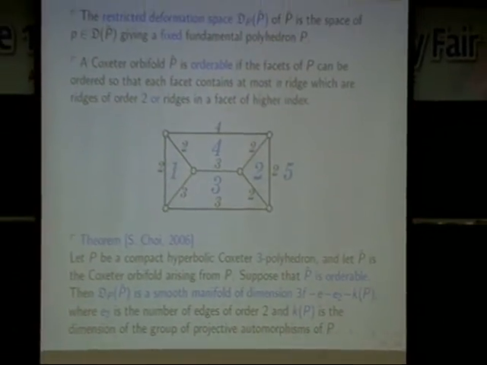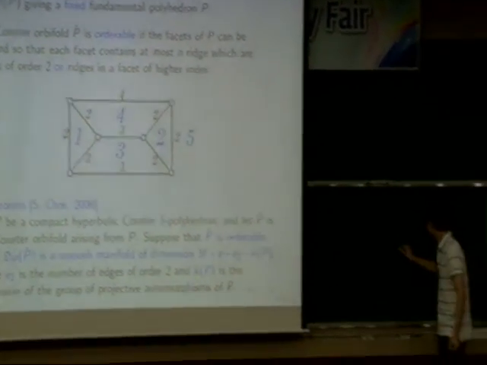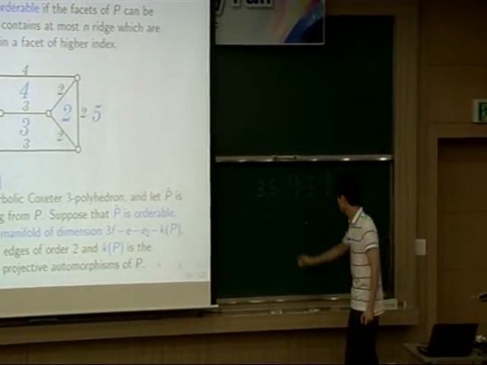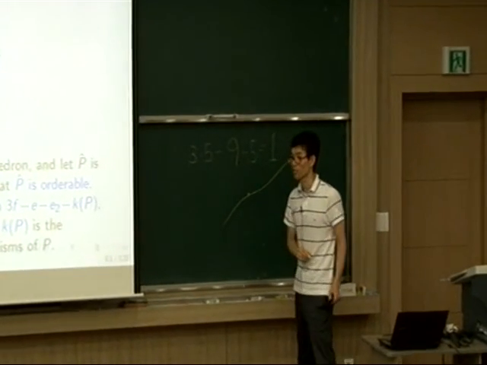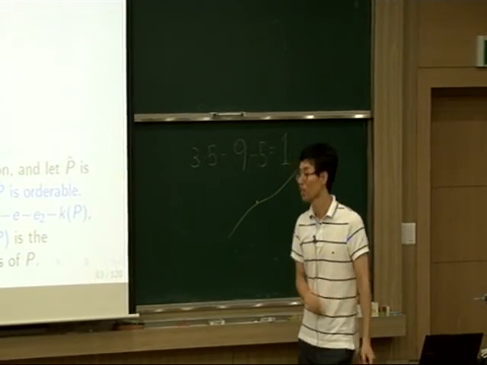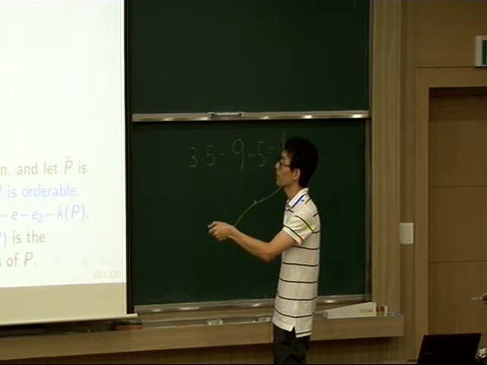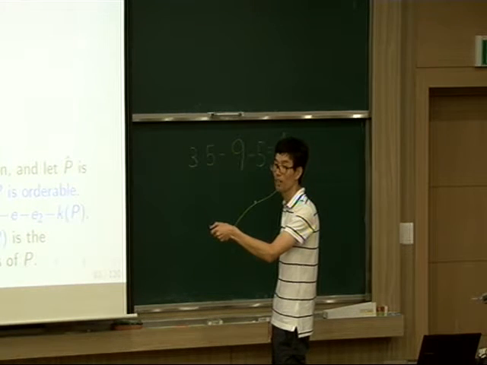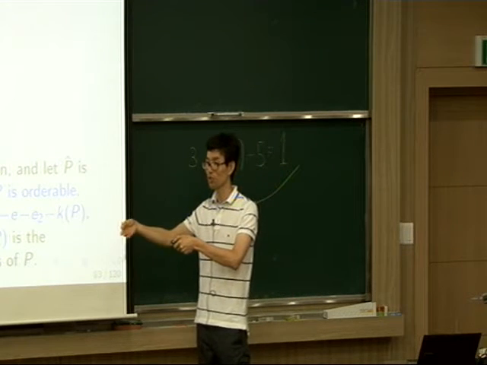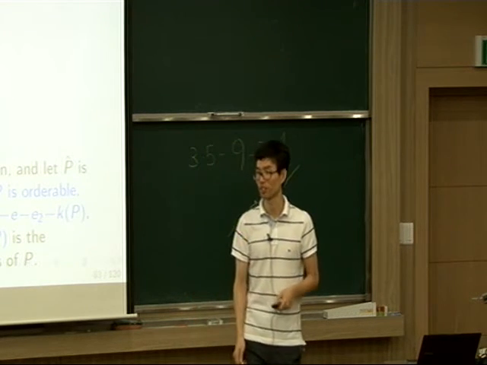It means that if this is a hyperbolic structure, then there is a deformation space of dimension 1, so this hyperbolic Coxeter orbifold deforms to real projective structures.